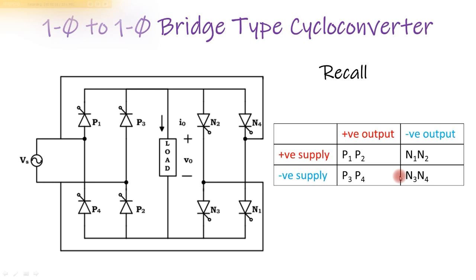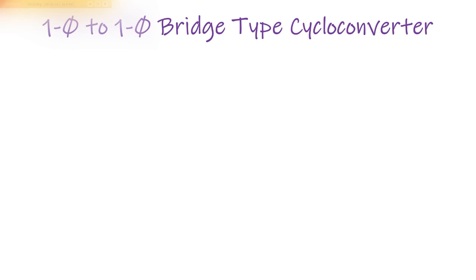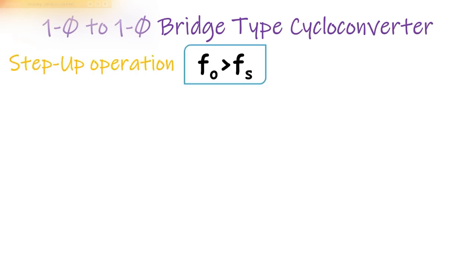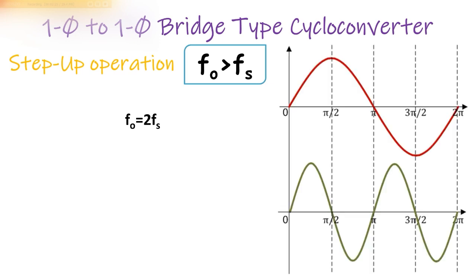To understand what is step-up operation and how we are going to proceed with firing of different thyristors, let us take an example where we have to obtain an output frequency which is twice the supply frequency. So these are the waveforms of input and output.